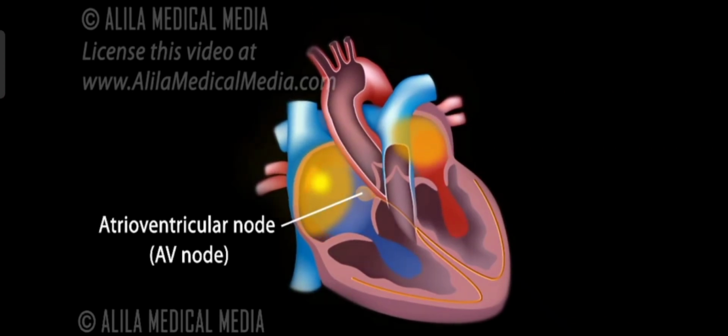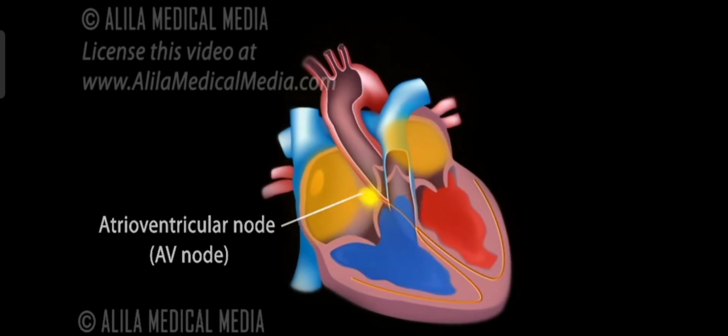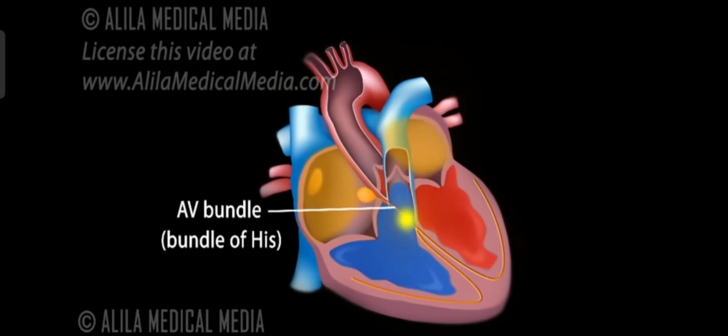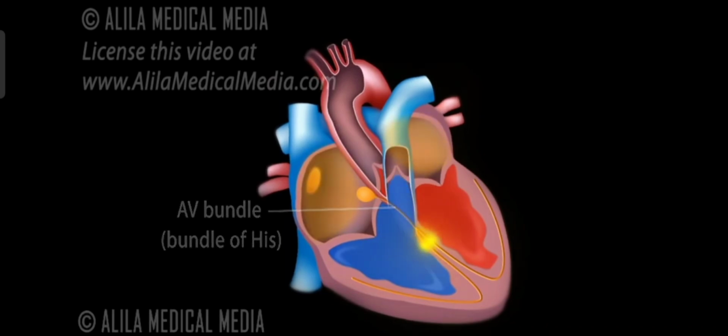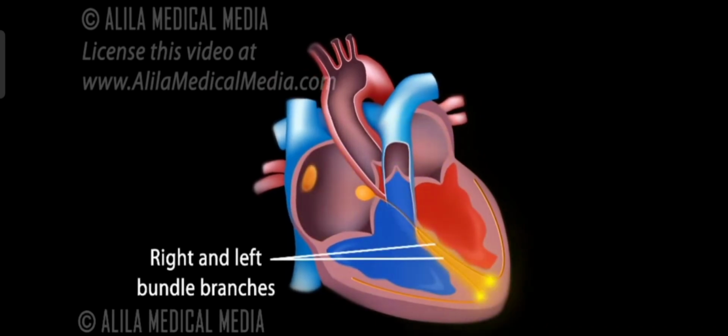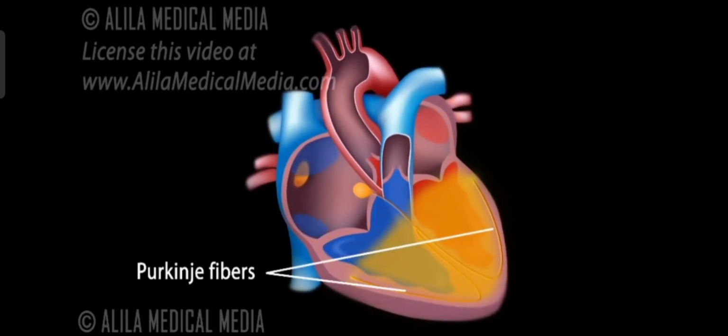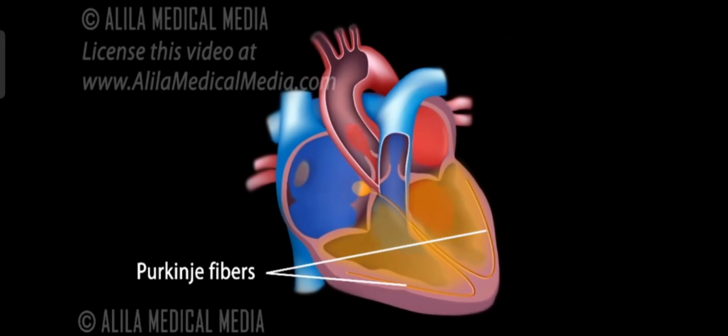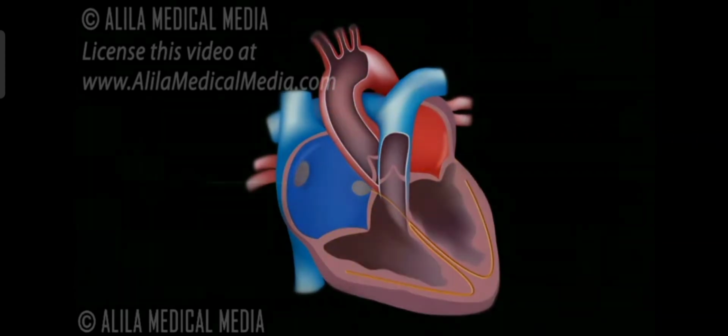Then from the AVN it goes to the AV bundles, or bundles of His. When the AV bundle reaches the ventricle, it divides into the right and left AV bundles. From these the action potential is transferred to the walls of the ventricles. So the stimulation is passed from the auricle to the ventricle.